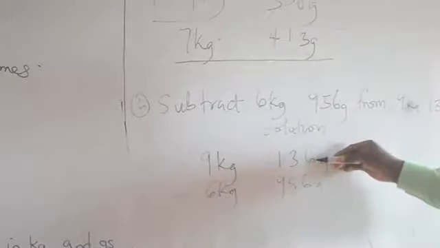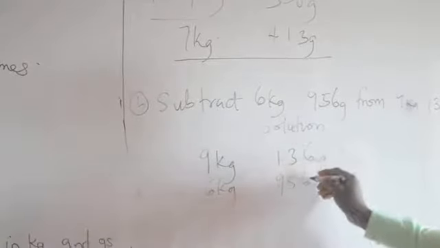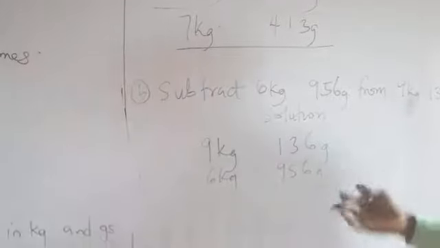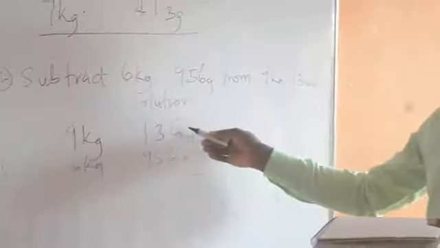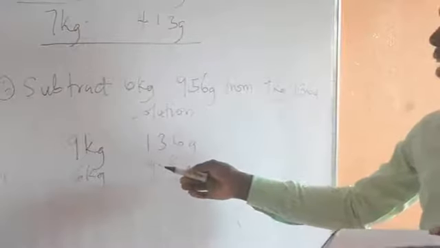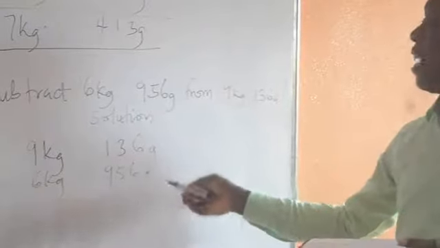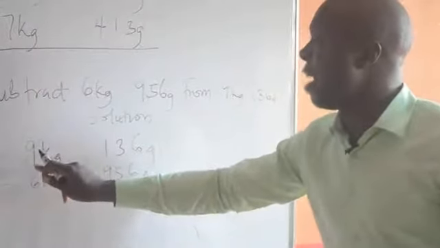So 6 minus 6 will give us 0. But there is another method that we can use to solve this particular example. Knowing fully well that 136 gram cannot minus 956 gram, so we'll borrow 1 from 9 kilogram.